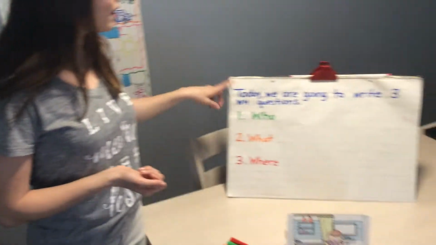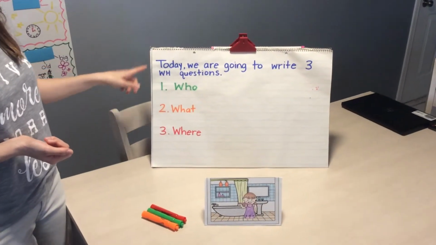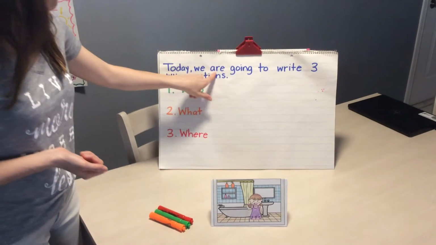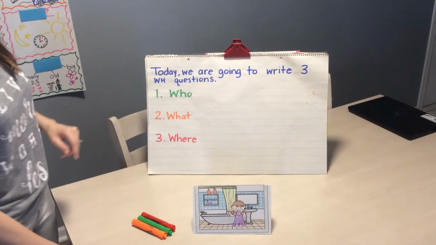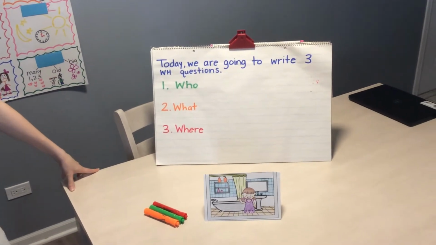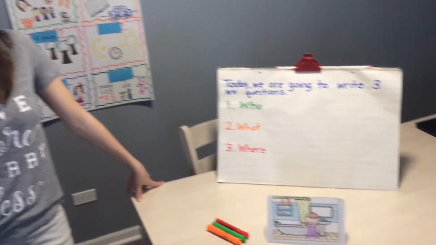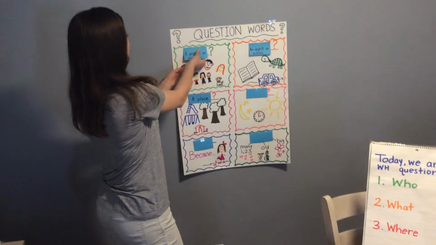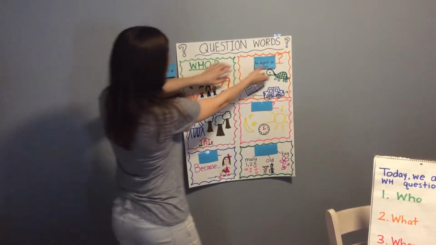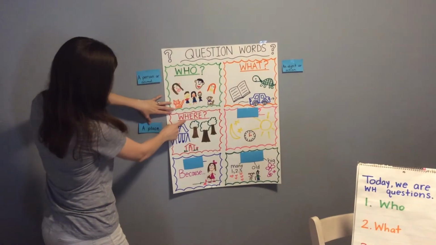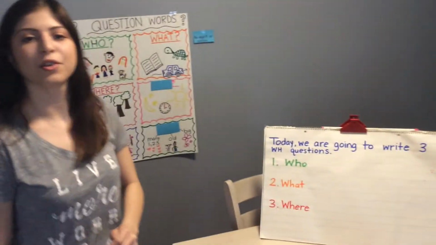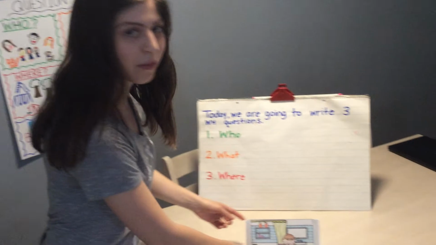Okay, let's go ahead and look at our chart paper over here. Today, we are going to write 3 WH questions. What I need you to do is use those same 3 words that we went over. Remember, they were who, what, and where. I need you to look at this picture right over here.